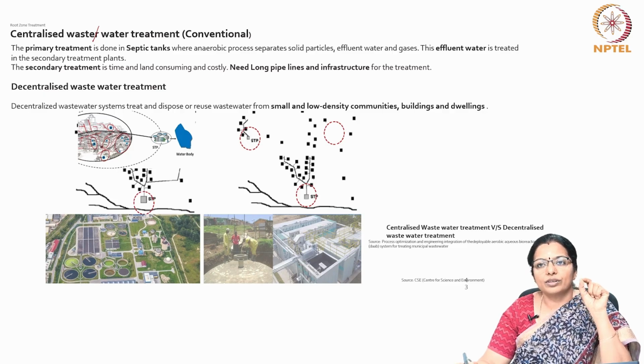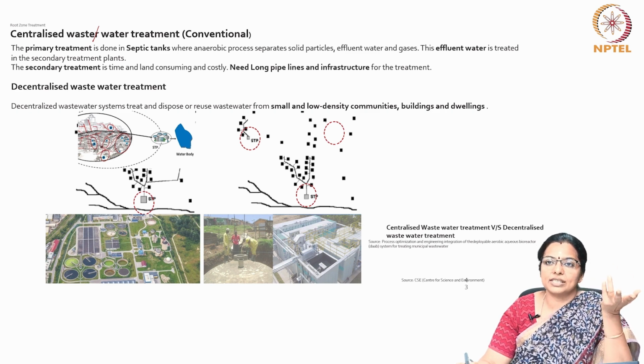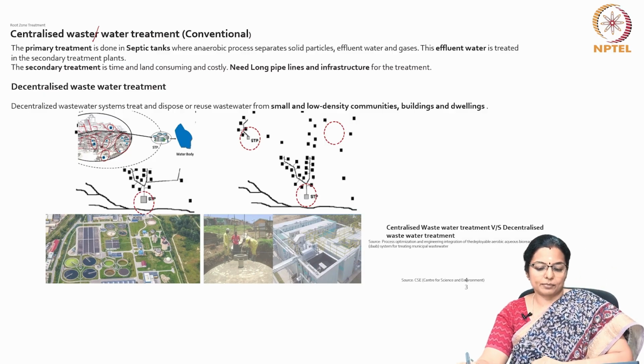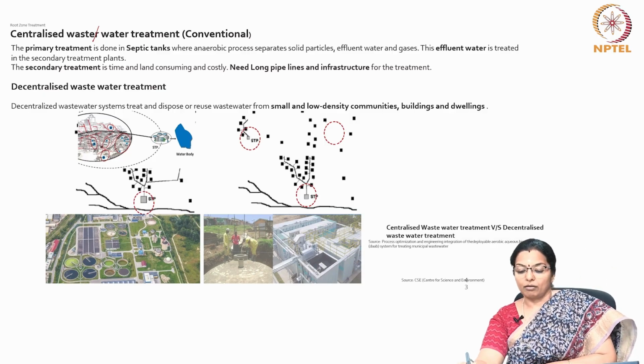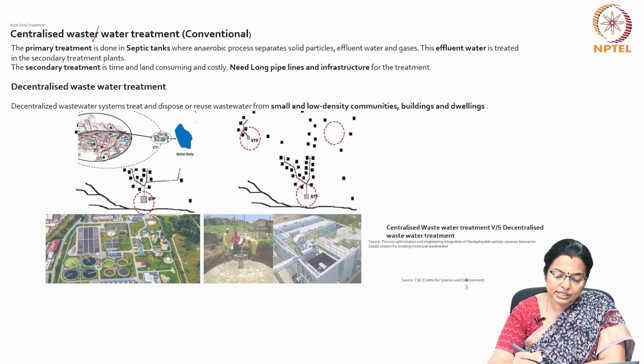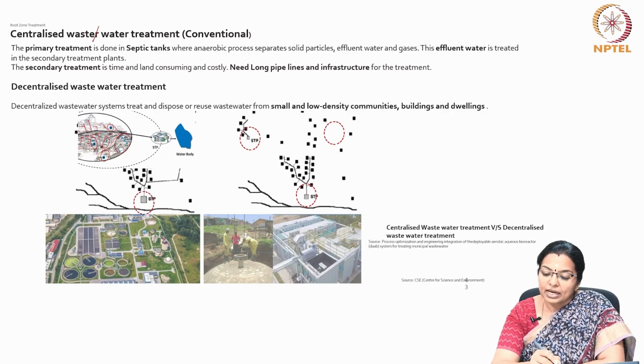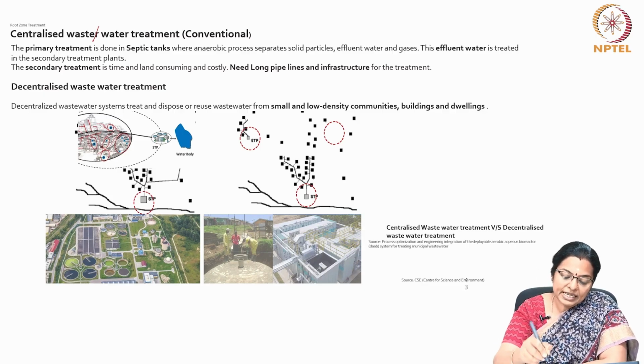Decentralized wastewater treatment. This treats and disposes or sometimes reuses wastewater from small and low density communities and buildings and dwellings. So actually, if you see, the sewage treatment plant is a centralized one.